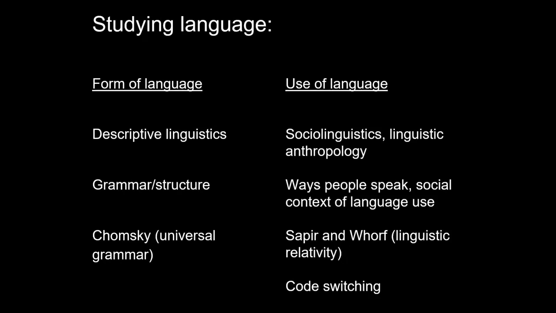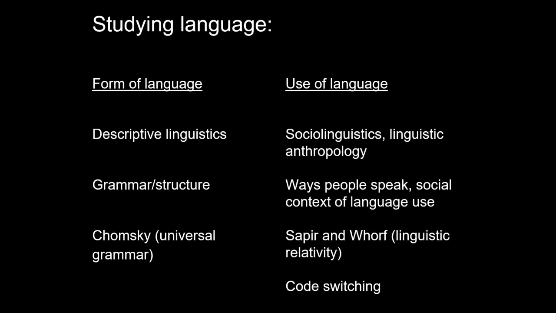These columns that I've set up on this slide are just to give you a sense of the different ways that language is studied, and I've compared a couple of different ways. On the left are researchers who are primarily interested in the form that language takes. This is a field that within the discipline of linguistics is often called descriptive linguistics.